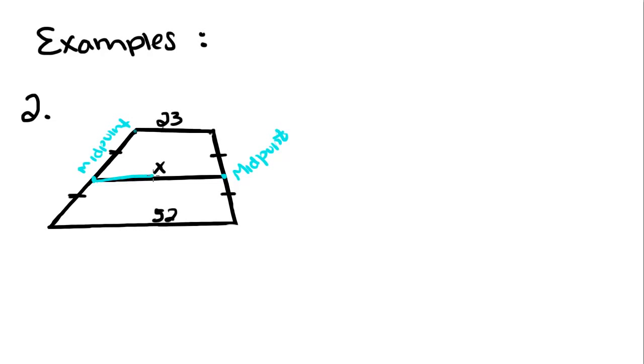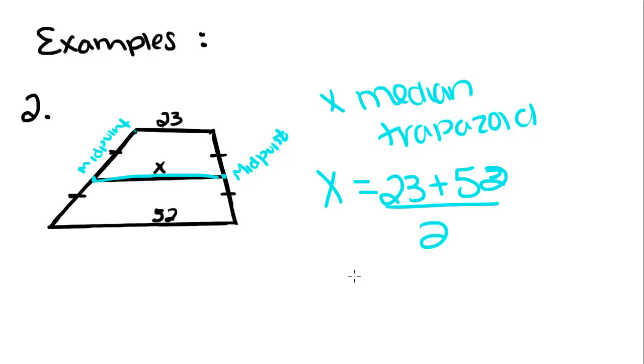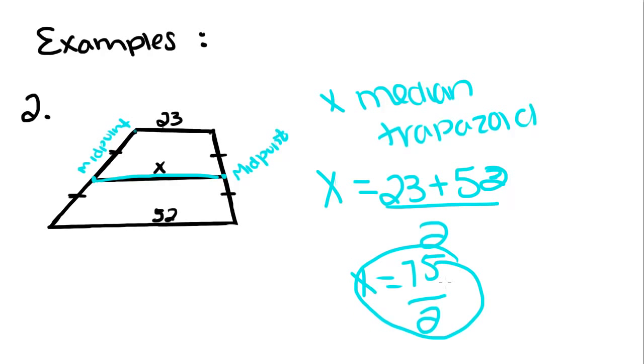So that means that x is the median of the trapezoid. So x is equal to the sum of the bases over 2. So x is equal to 75 divided by 2, and we'll just leave that as our answer.